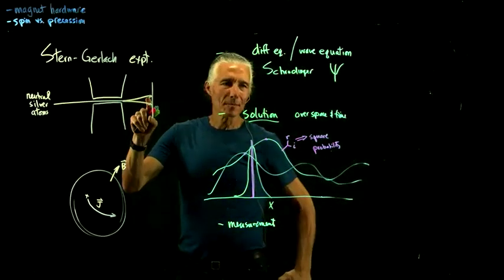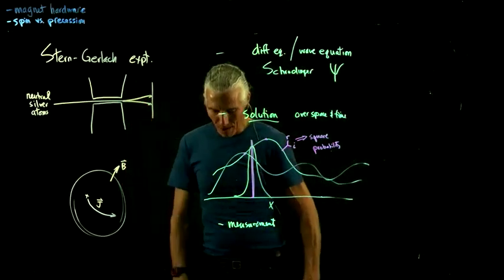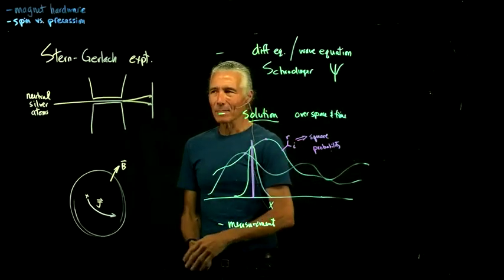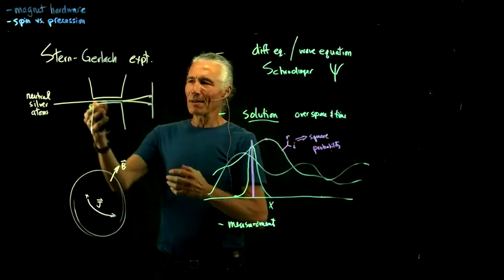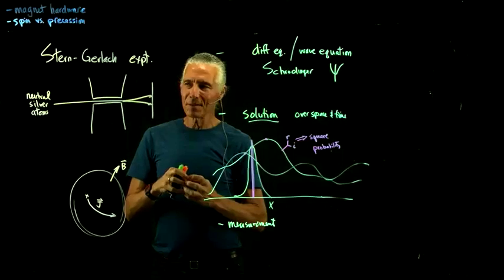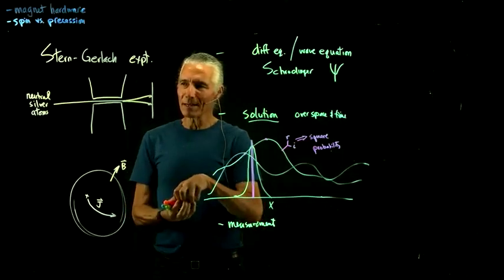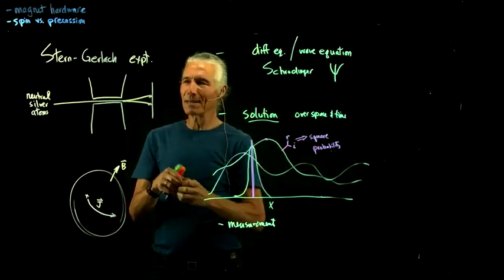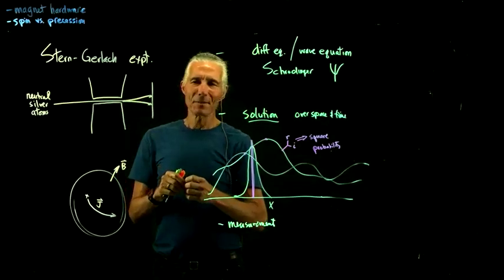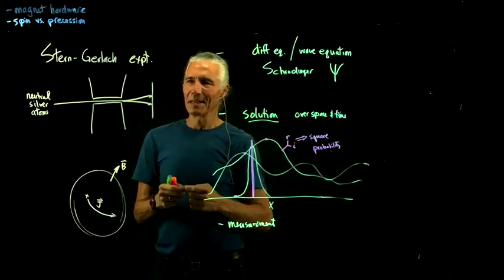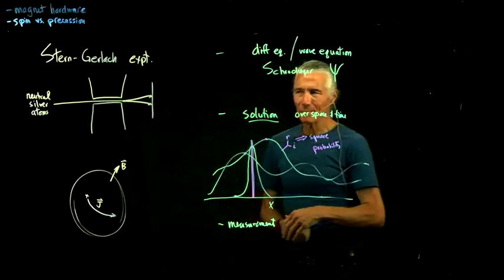Just two beams. Somehow the atoms, when they run through this magnet, just flip in one direction or flip in another direction, but there's basically nothing in between. So that's the basic physical observation.